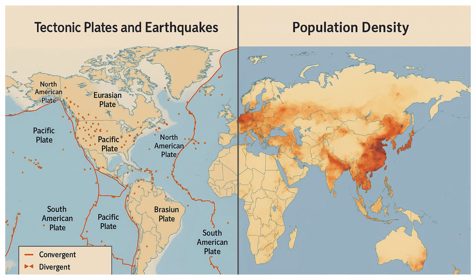By placing this world map side by side, what I'm trying to portray is how many of the world's most populous regions coincide with tectonic boundaries, which underscores the importance of integrating geological understanding into urban planning and disaster preparedness.